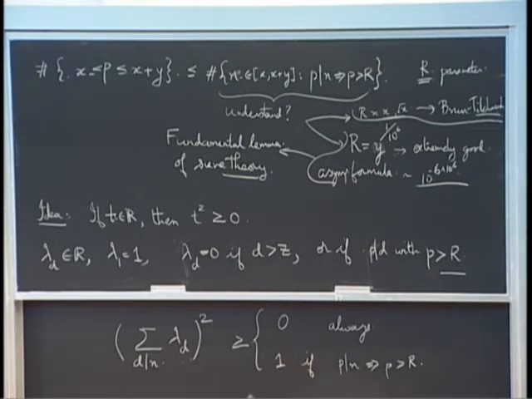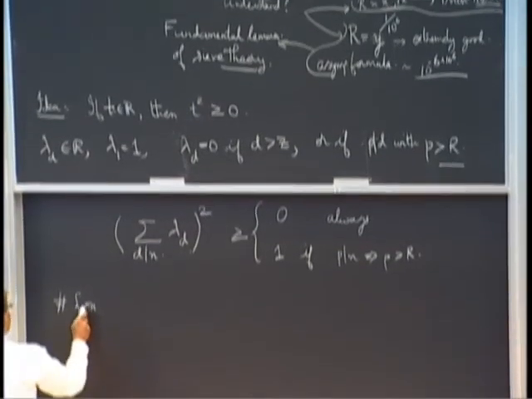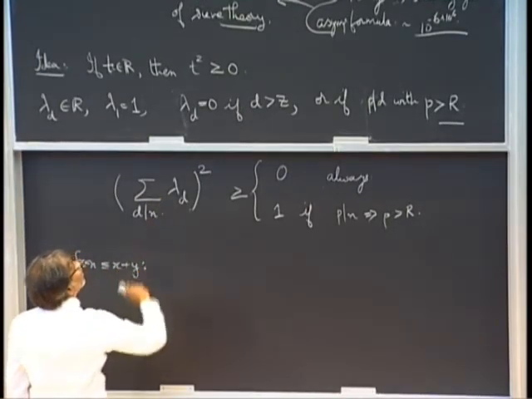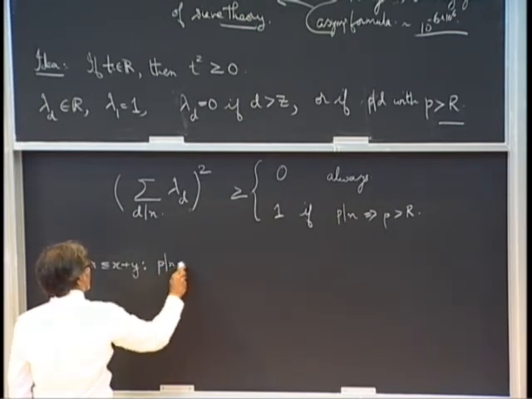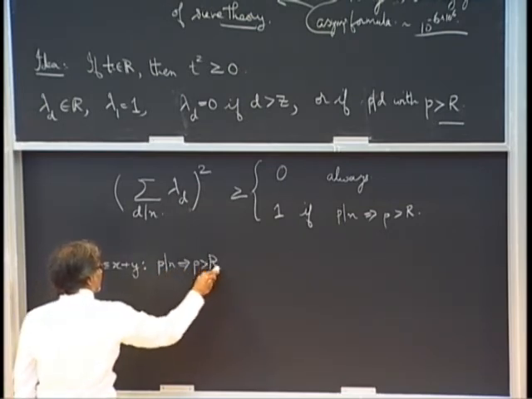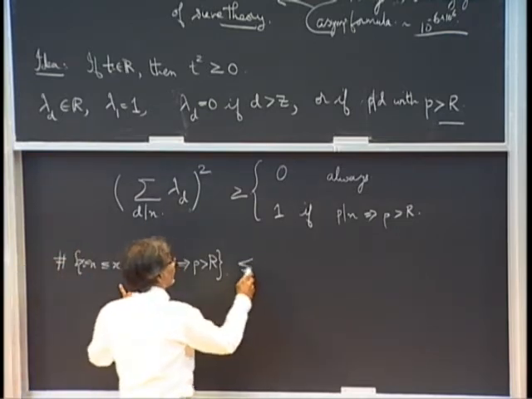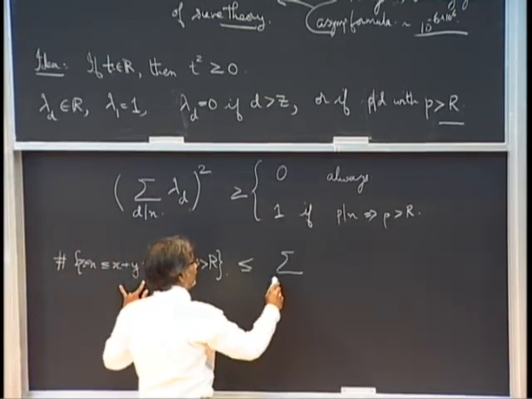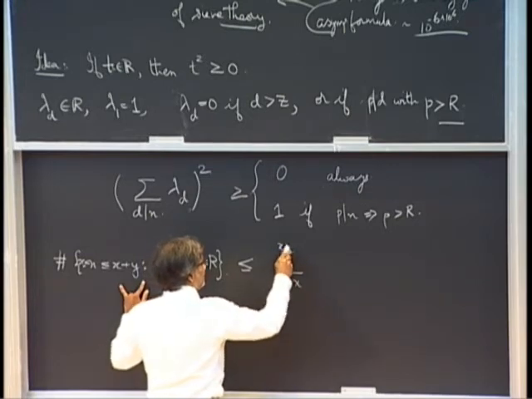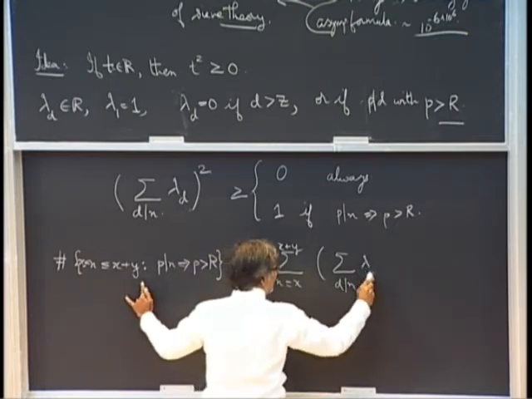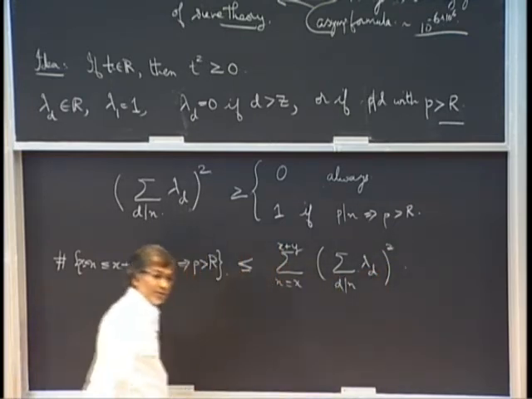Okay, but now this means that the number of integers in my interval x to x plus y, counting only the numbers all of whose prime factors are bigger than R, by this inequality, is at most the sum over n between x and x plus y of that sum, squared.